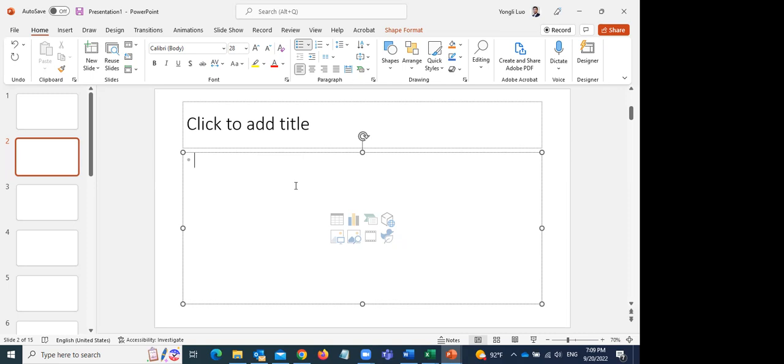So try to make it simple, make it simple, so people can read easily, even if they sit very far from the screen.